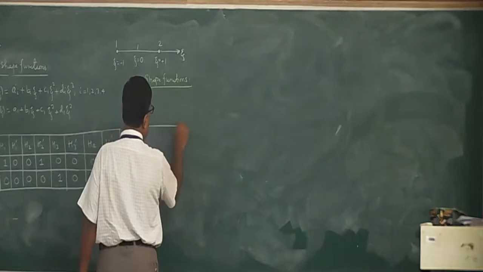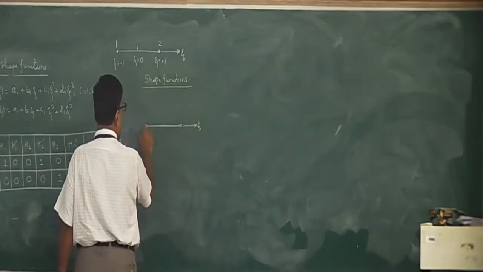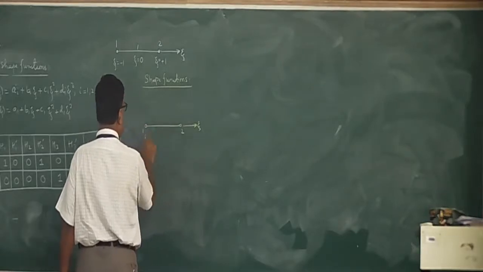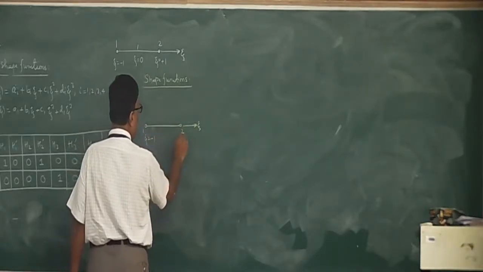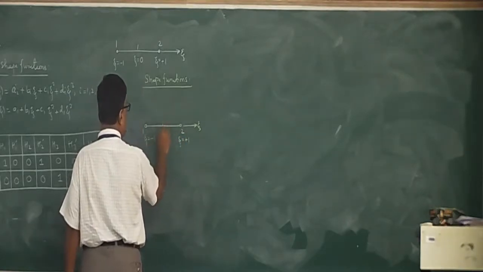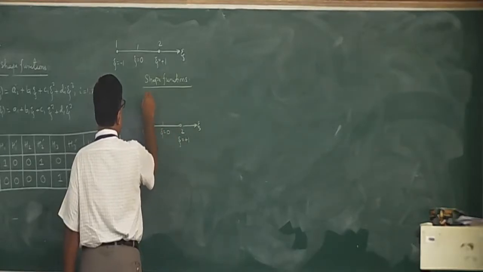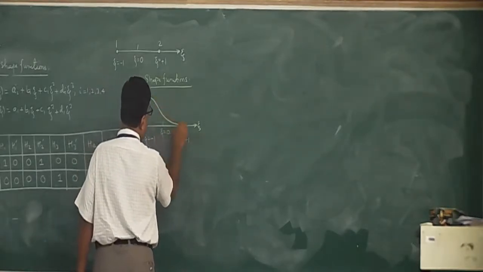This is our zeta coordinate, and this is our node 1 and node 2. As I told you, these are always zeta equal to -1 and +1, and this is of course zeta equal to 0. Here, the variation is something like this.